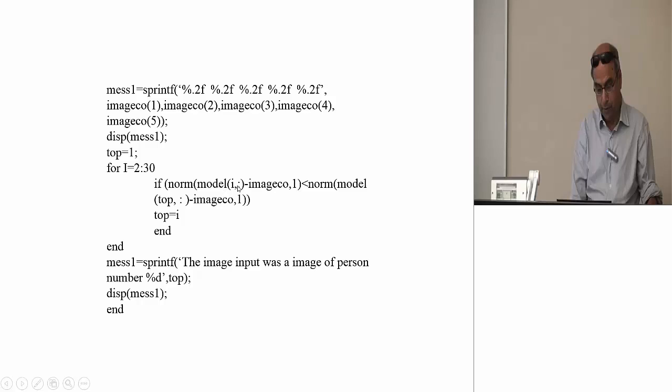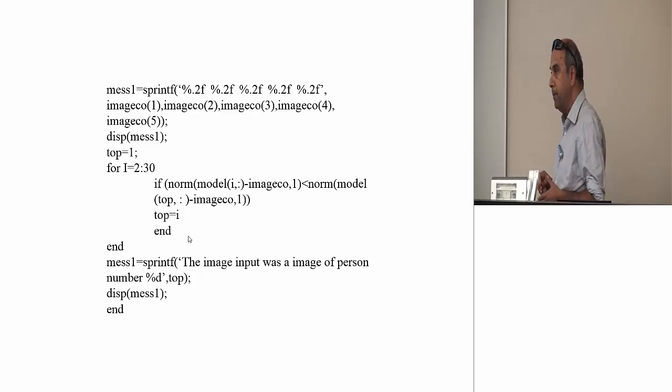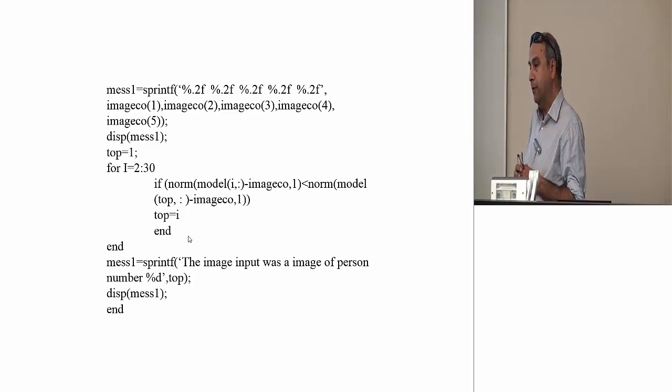So you have model 1 up to 30, and this is the input image which you computed here, and whichever gives you the closest or lowest error, that's the match. So it's a pretty simple code to do face recognition using eigenvectors or PCA or eigenfaces, essentially finding the eigenvectors and then the eigenvalues.